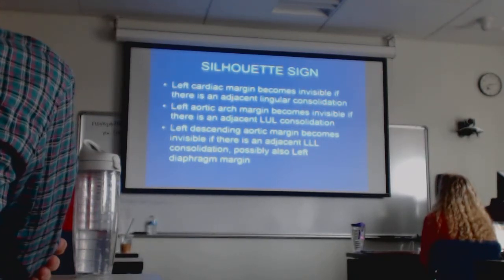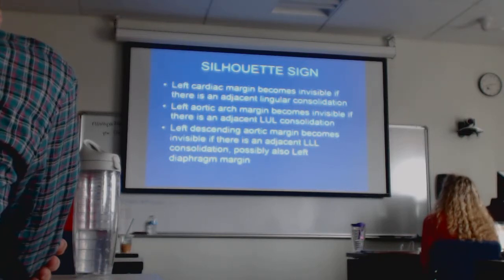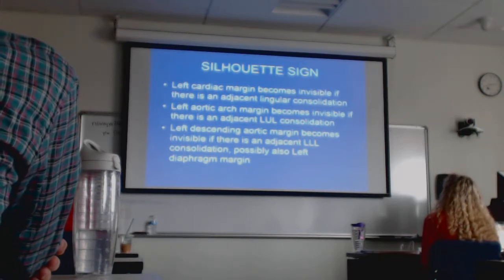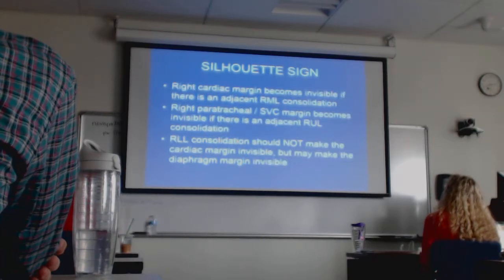The left aortic arch becomes invisible if there's a left upper lobe consolidation or mass in the left upper lobe that's abutting the aorta. And the left descending thoracic aorta margin would become invisible if there's a left lower lobe consolidation, and also the left diaphragm. On the right side, the right cardiac margin becomes invisible if there's something in the right middle lobe.